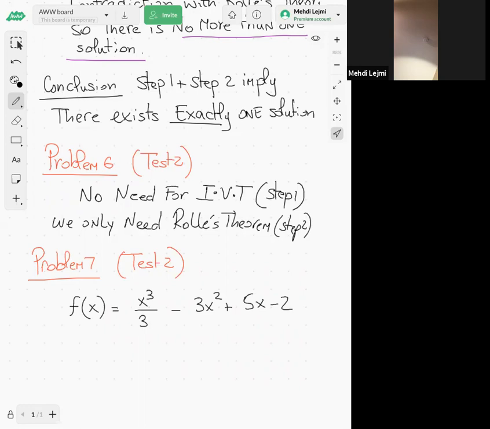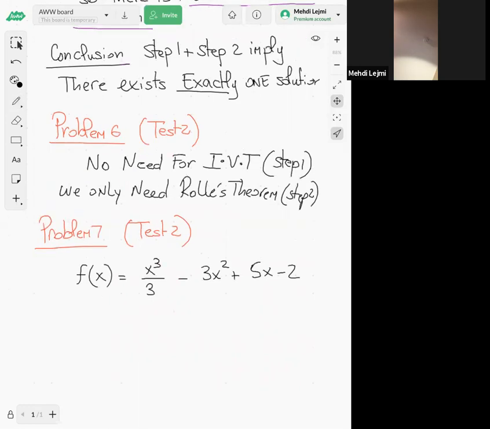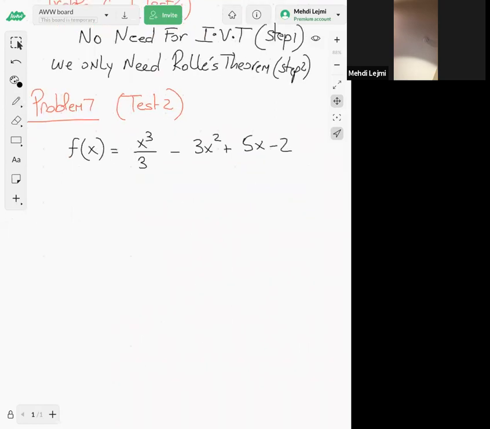Anyway, so for the intervals of increase and decrease, there are 2 steps. So to answer A, intervals of increase and decrease, there are 2 steps.